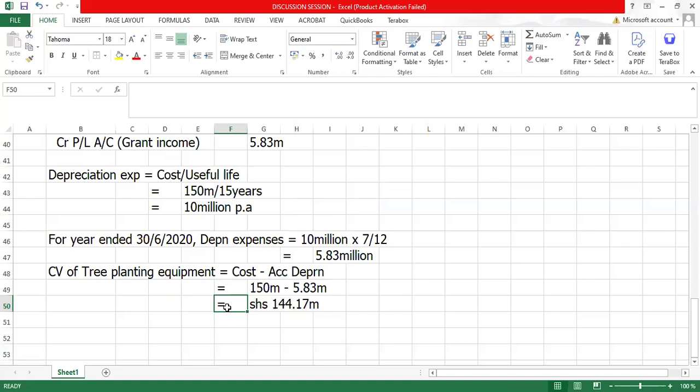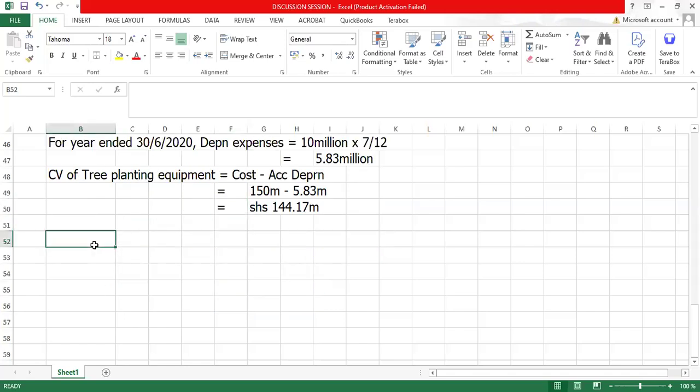So we are done with that. What is left is just to recognize in our extract. Okay, so let's make our extracts. Pay attention with extracts.